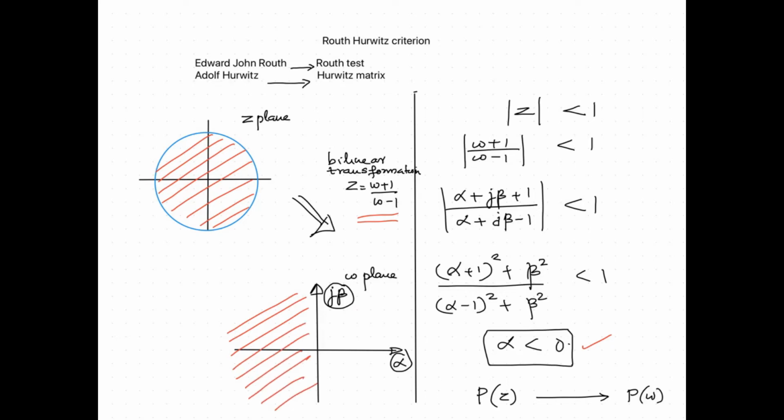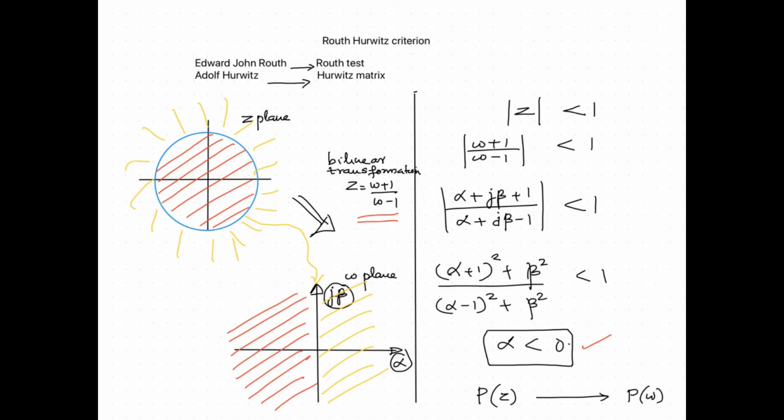Similarly, if you consider the right half of the W plane, you can see that it is mapped from the outside of the unit circle in the Z plane. Similarly, you can see that the unit circle itself is mapped to the imaginary axis of the W plane.